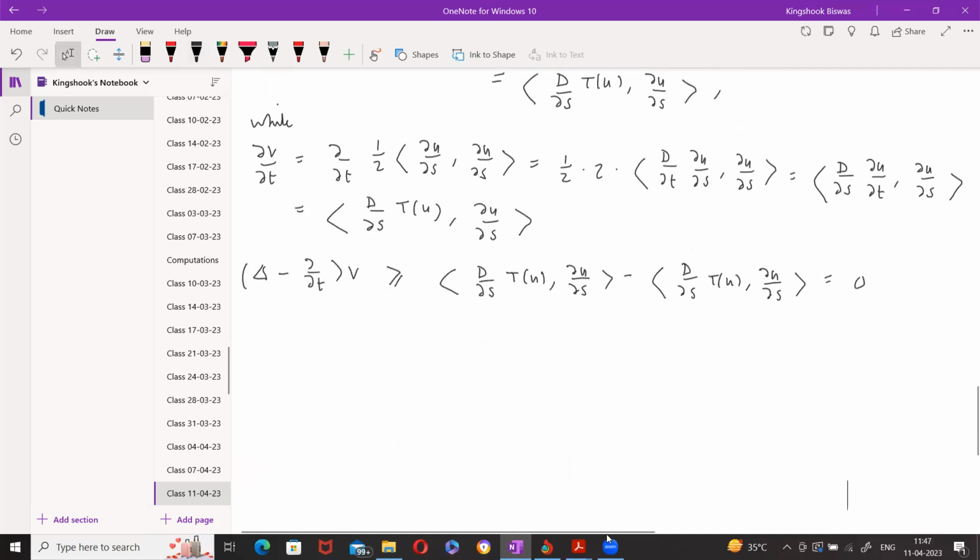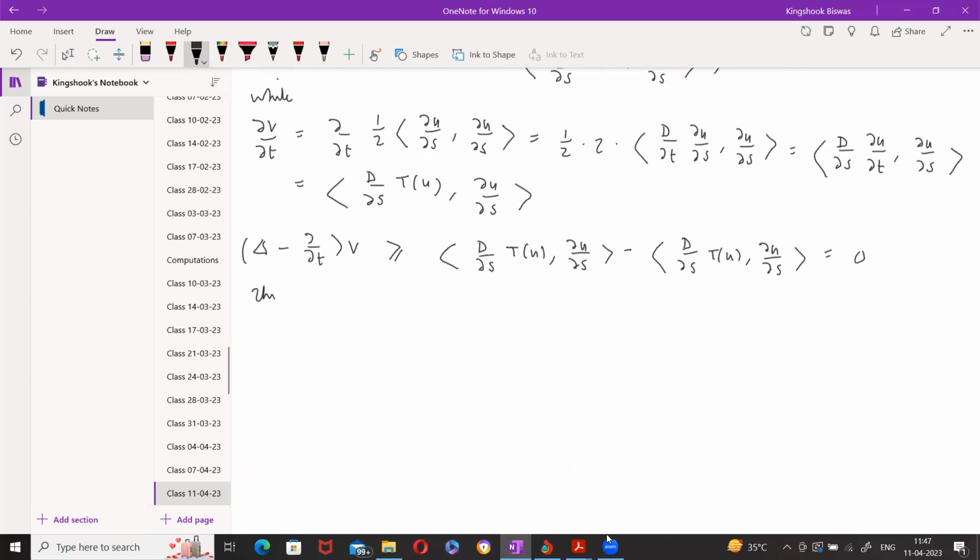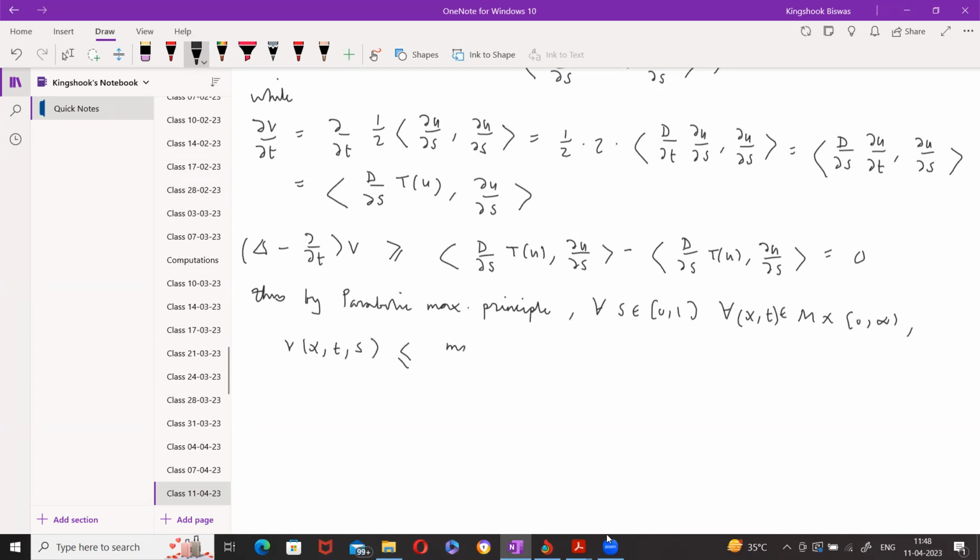Therefore, by the parabolic maximum principle, for all s in [0,1], for all x, t in M cross [0, infinity), V of x, t, s is less than or equal to the max.